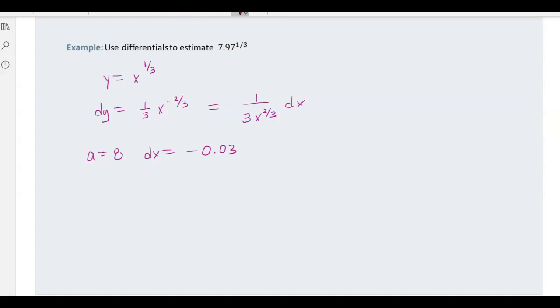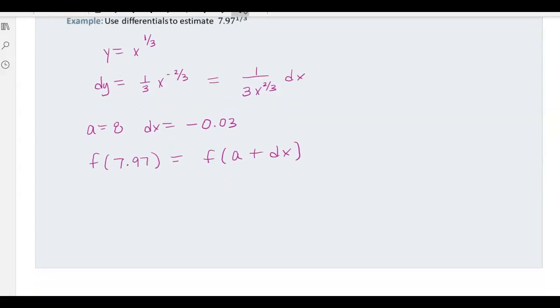So we think that the estimate of 7.97 being plugged into the function, taking the cube root of it, is going to be taking the function value and adding on that difference, or in this case, subtracting. And the approximation for that is the function plus the change in y.